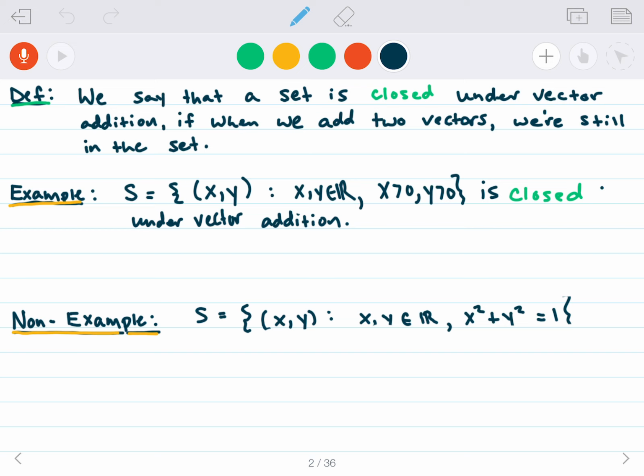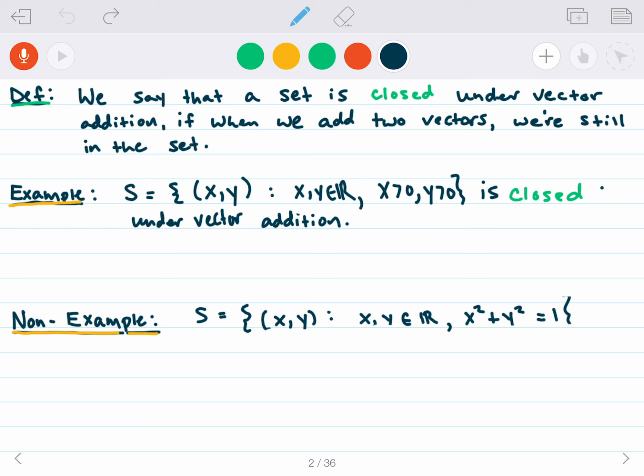So our set S is going to be the set of ordered pairs x, y where x and y are both real numbers and x and y are both bigger than 0. They're both positive. So we can think about this set as being everything in the first quadrant.